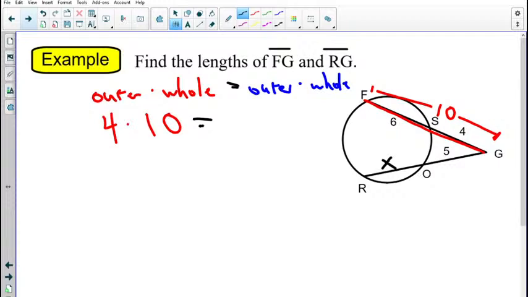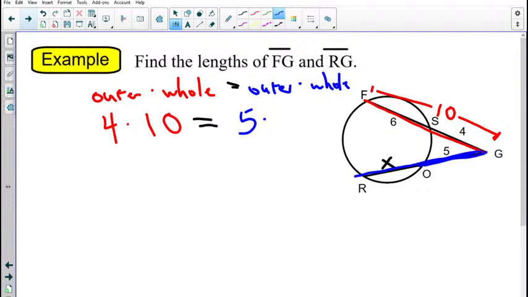Equals. Let's do the same thing for the other segment. I'll give you a few seconds to see if you can figure out what the outer and the whole are going to be. Hopefully you're seeing that the outer piece here is 5 times the whole, which is not x.